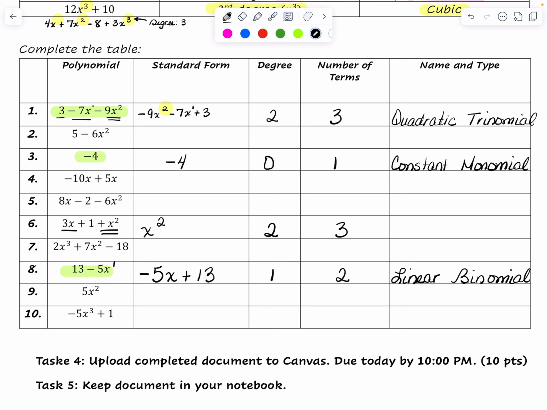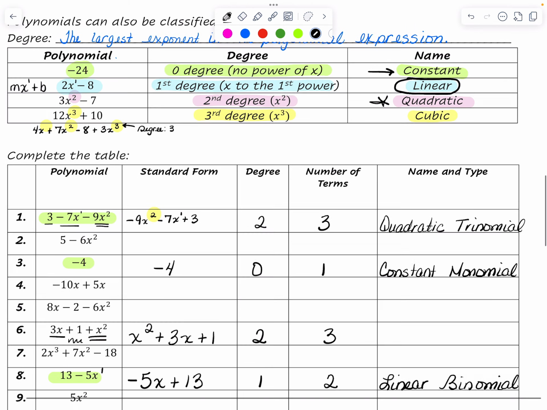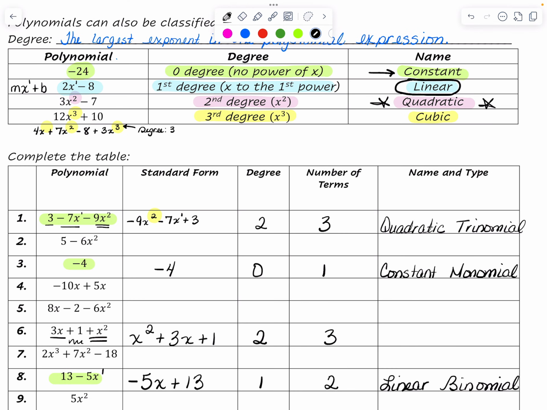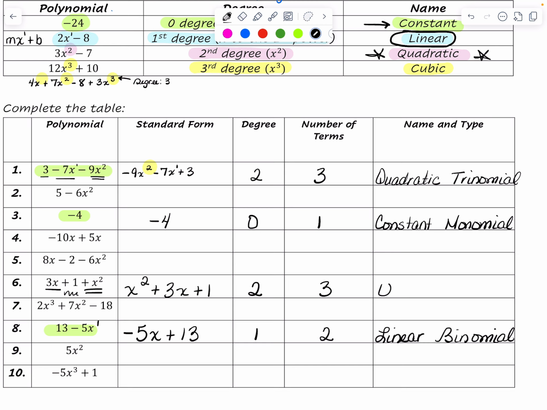Then I have positive 3x. And then I have positive 1. Okay. So this one here has 3 terms, so it's a trinomial. And because it's x squared, it's quadratic. So this one here is a quadratic trinomial.